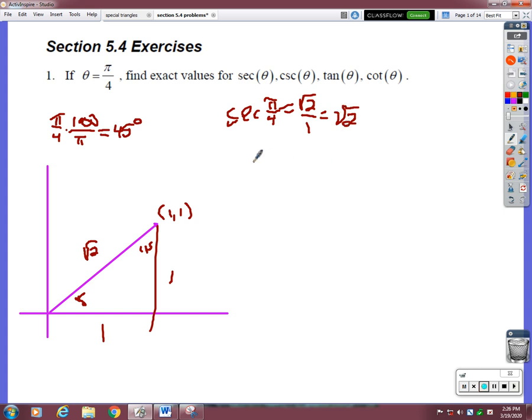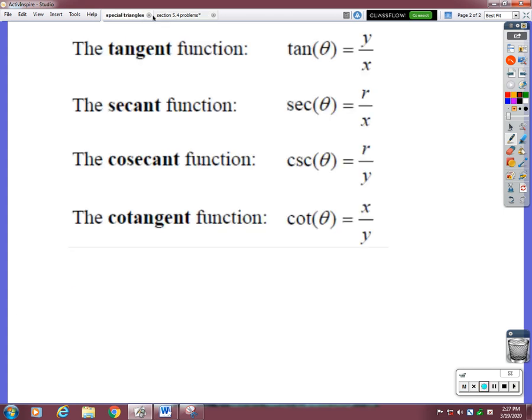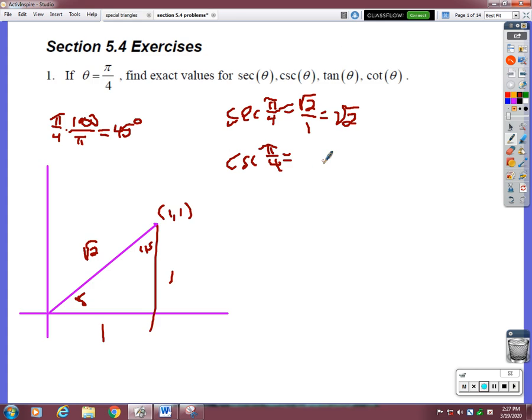Then if we want to do the cosecant of pi over 4, if we check our notes, that is going to be r over y, so that's square root of 2 over 1 also, which works out to be square root of 2.